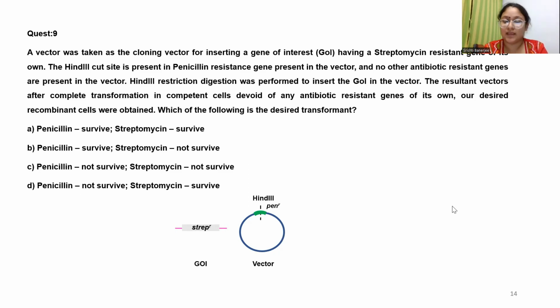But if this particular gene is disrupted, then it loses its resistance and will not grow in the presence of that antibiotic. Is it clear?